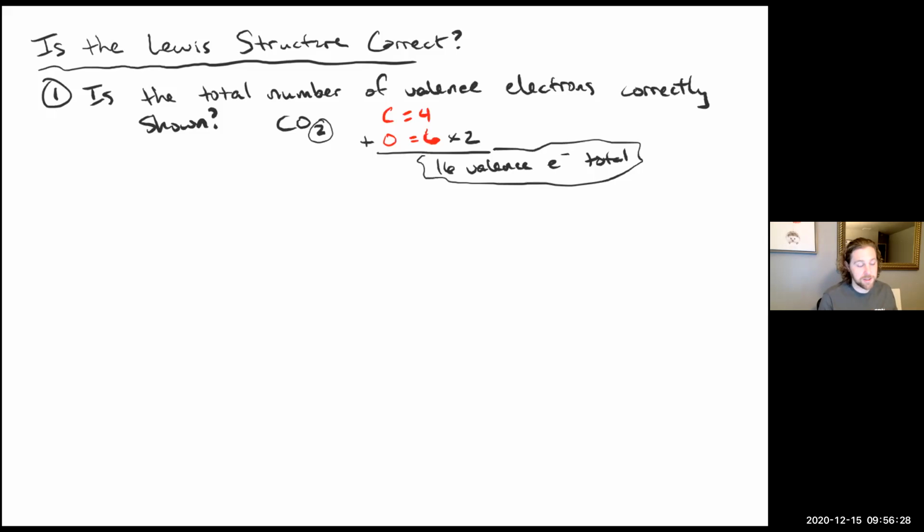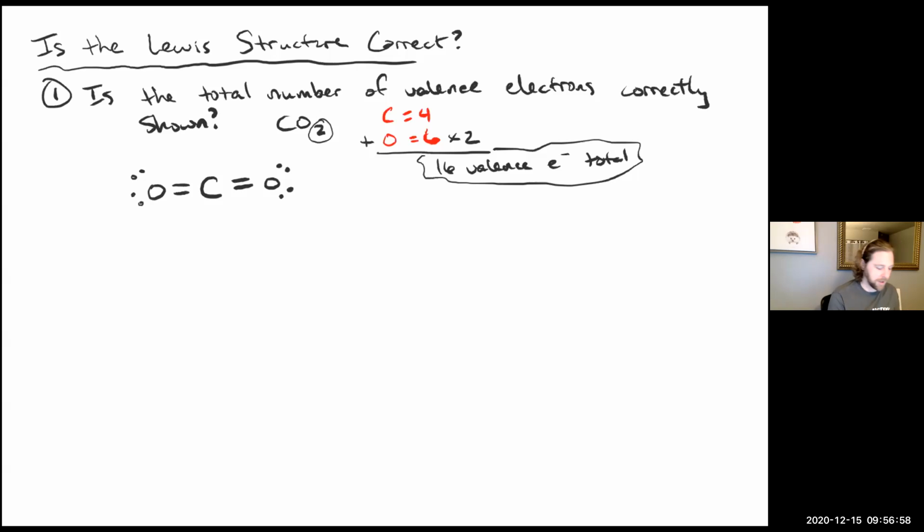So a correct Lewis structure for carbon dioxide would be carbon in the middle, double bonded to each oxygen, and some extra dots around the oxygen. So when I look at this structure, I should be able to count all of the electrons shown and get exactly 16. It's kind of hard to show you digitally, but I'm going to do the 2, 4, 6, 8 counting.